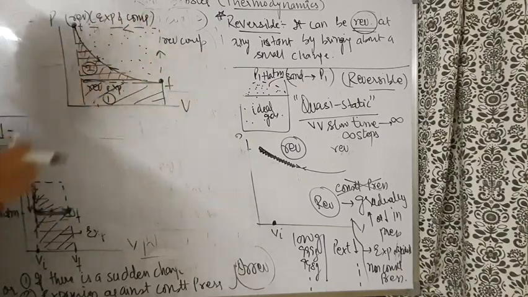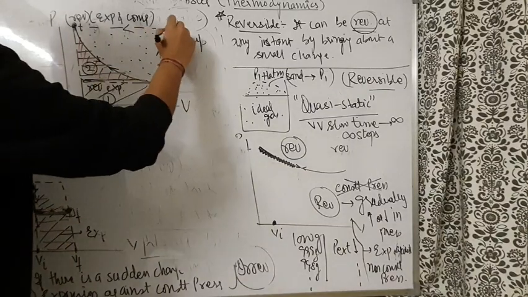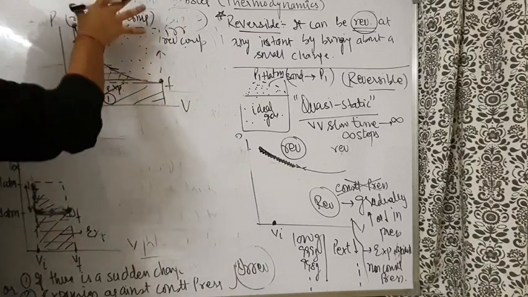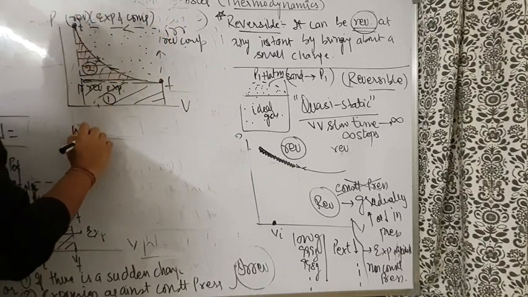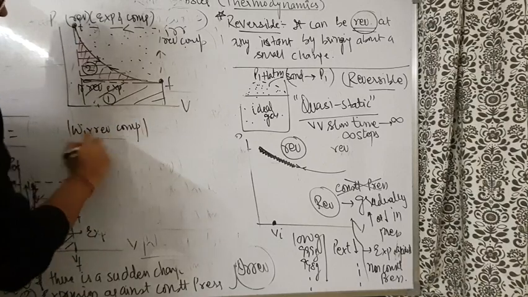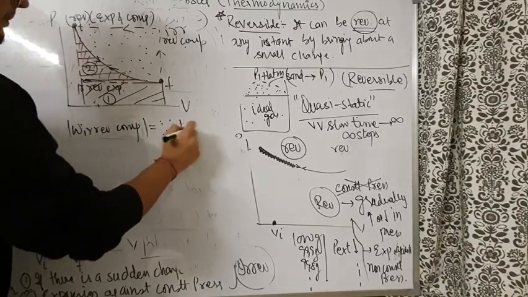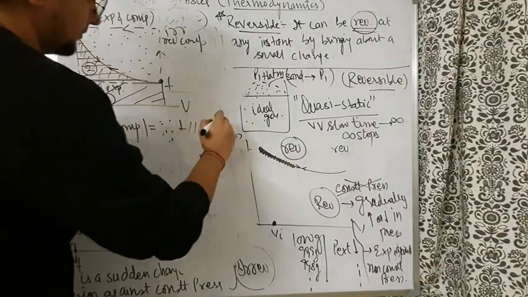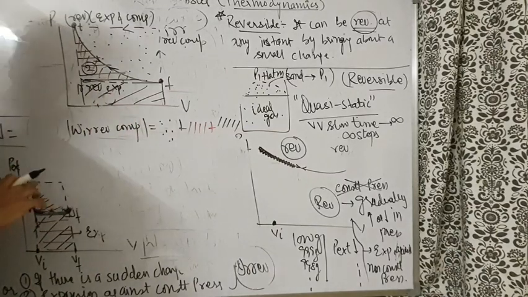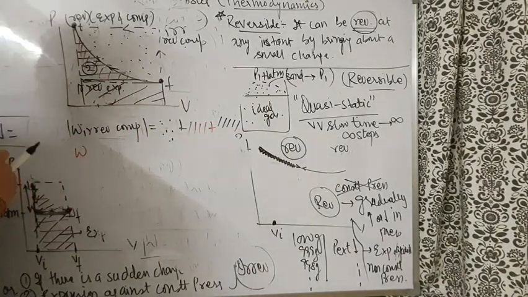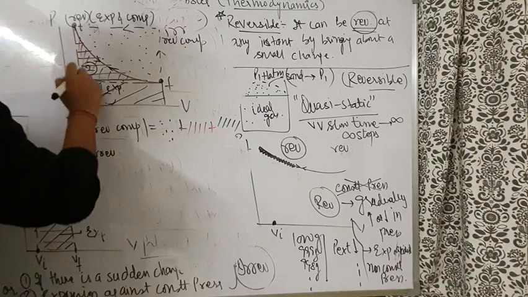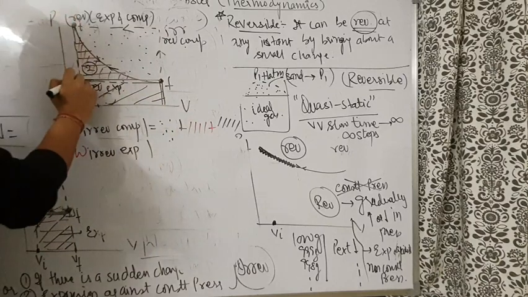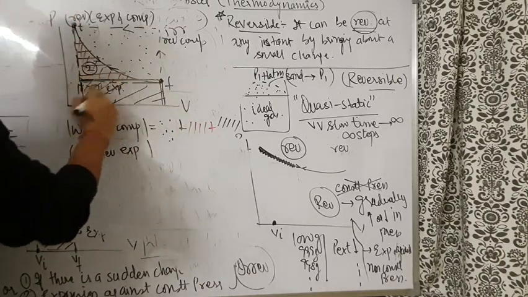So if I ask you what is the irreversible compression area under the curve, you will say, sir, W irreversible compression under the curve is equal to the red color shading plus the black color shading. Also, if I ask you work done for irreversible expansion, you can understand this is the area under the curve for the expansion. Even though we came from here, nothing happened, here only we are getting some area under the curve.